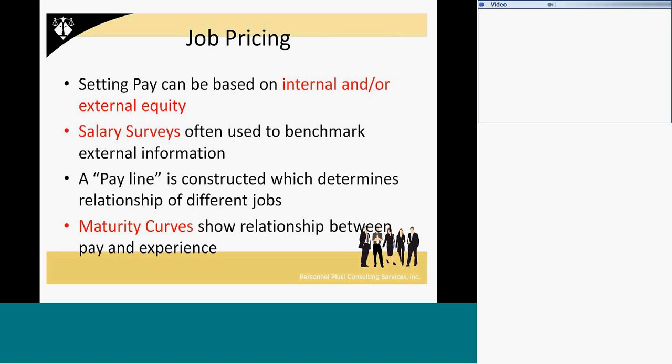External equity is where you say, what do the Joneses pay registered nurses? Based on my experience, most employers want to do both internal and external equity, but in some cases it's very difficult because the labor market doesn't do internal equity very well.